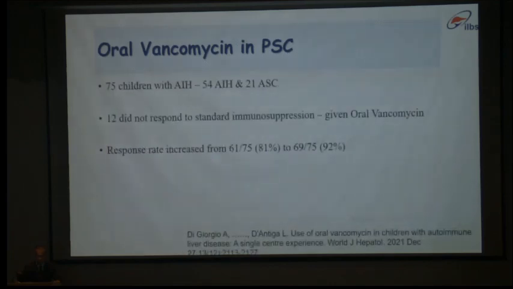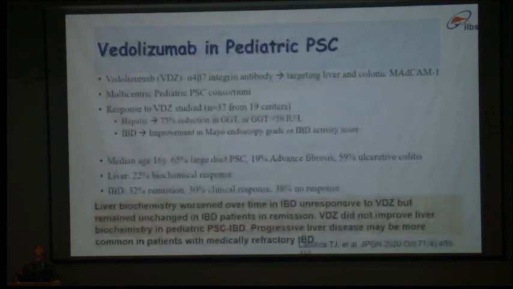Another study from Italy had 12 children who did not respond to standard immunosuppression, given for either autoimmune hepatitis or overlap, receive oral vancomycin, and the response rate increased from 81% to 92%. Out of these 12, 8 patients responded to oral vancomycin.